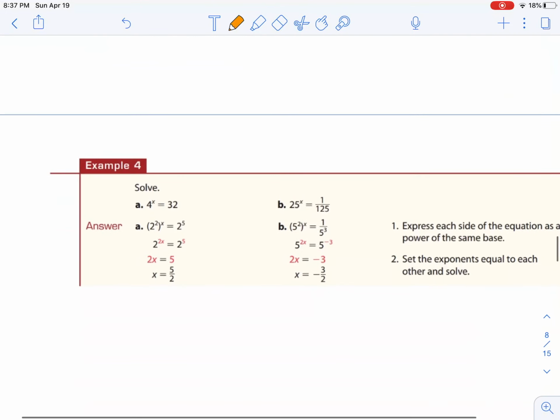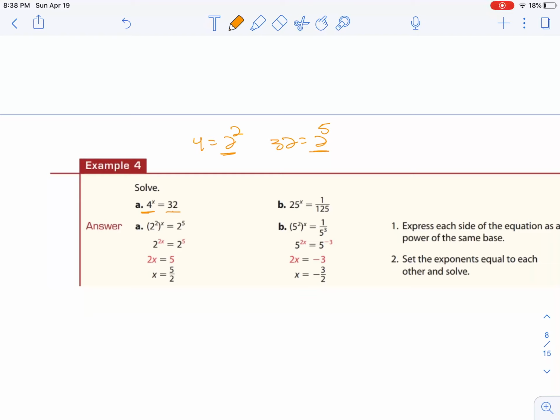All right. So here we have 4 to the x equals 32. This is a base of 4. This is a whole number, 32. We need to get them to a base of the same. So hopefully you recognize by now that 4 equals 2 squared and 32 equals 2 to the 5th. So look, base the same.